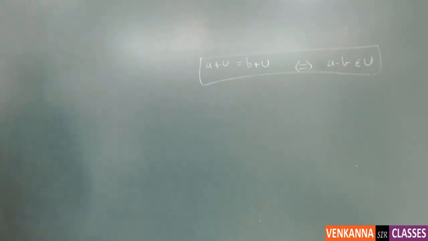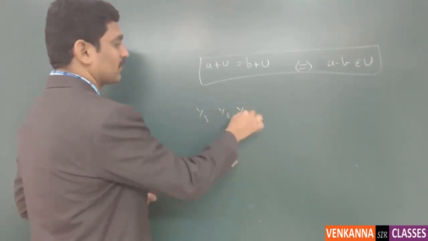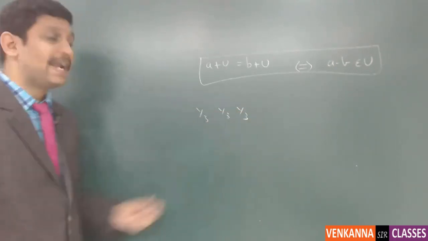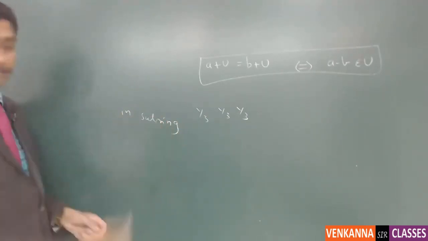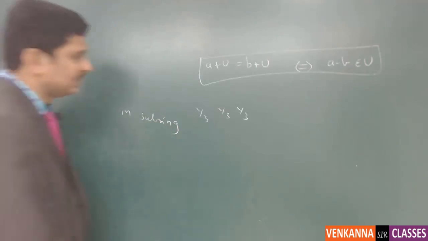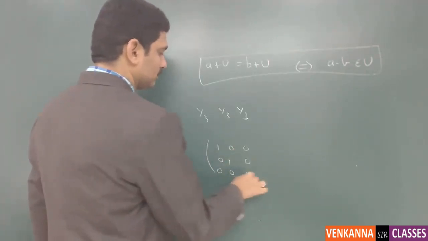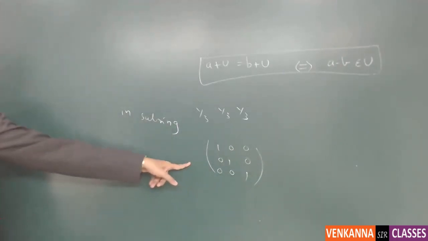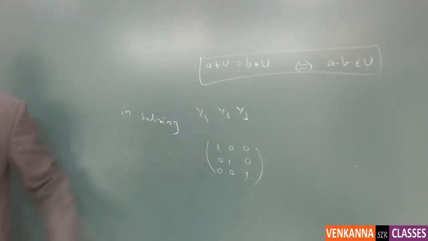It is a very good result. The proof is not required for you. So this is the identity element in the subring. In the ring, the identity element is this. This is the identity element in the ring. This is the identity element in the subring. Both are different. Okay?